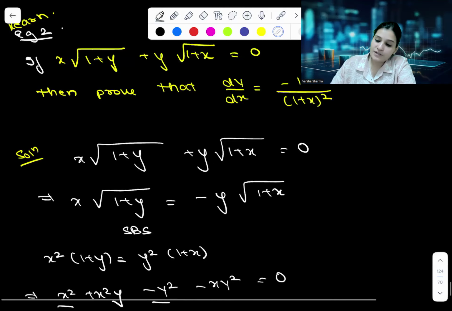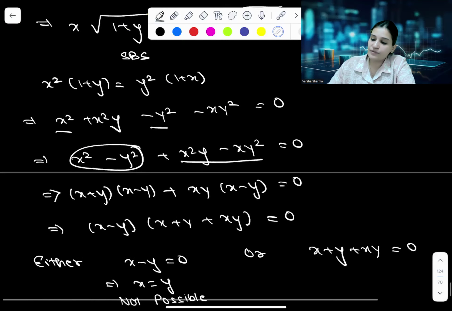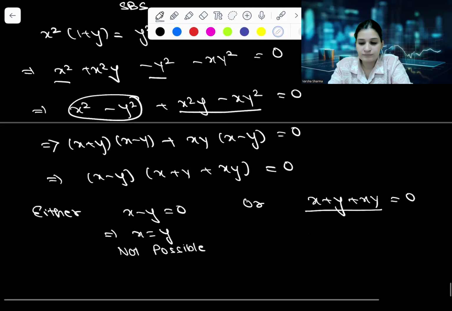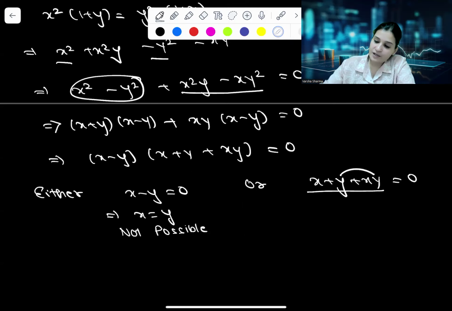So what we have done till now is from such a complicated equation, we have come to a simpler equation, right? Now again, can I separate the variables here? Yes, if you take y common in these two terms and the single x on the other side, y is minus x by 1 plus x.